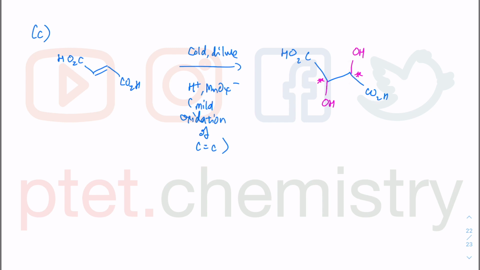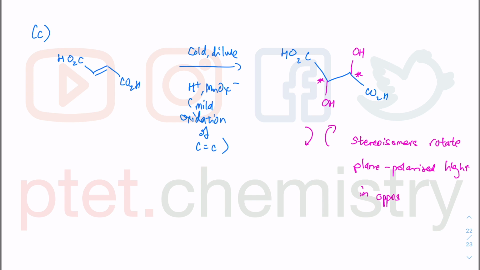So provided that you can rotate plane polarized light in opposite directions, so stereoisomers rotate plane polarized light in opposite directions. This is something you have done in AS level chemistry.